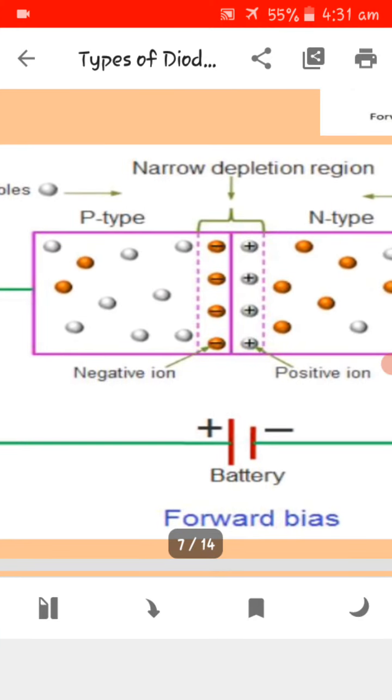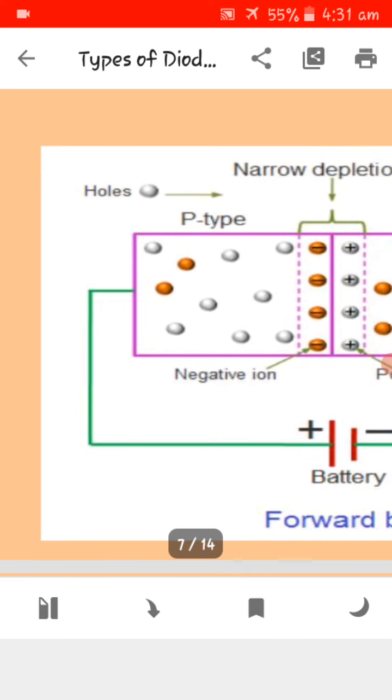When we apply 0.1 volt from the battery to the diode, positive charges from the positive terminal of the battery are collected at the anode. When we connect the battery, they are also ions, positive and negative charge.